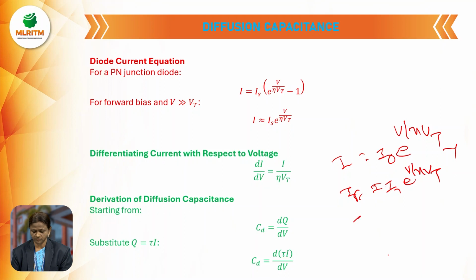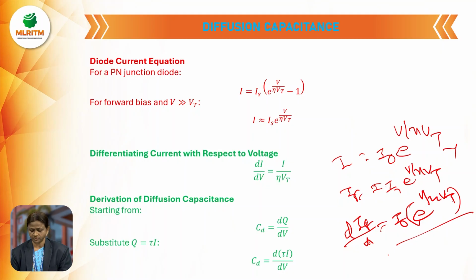Now differentiate this equation with respect to V. So di by dV equal to I naught e power V by eta Vt into 1 by eta Vt only. Here I naught into e power V by eta Vt is nothing but current equation I. Therefore di by dV equal to I by eta Vt.